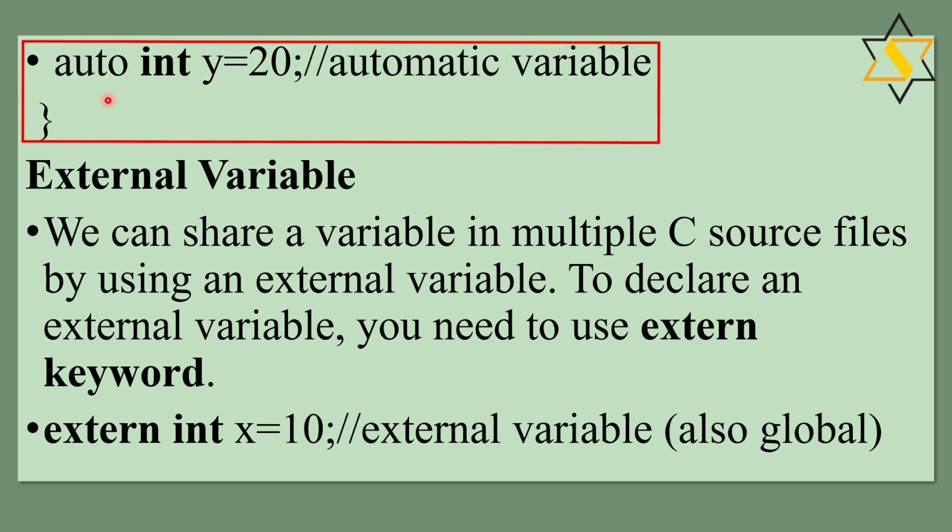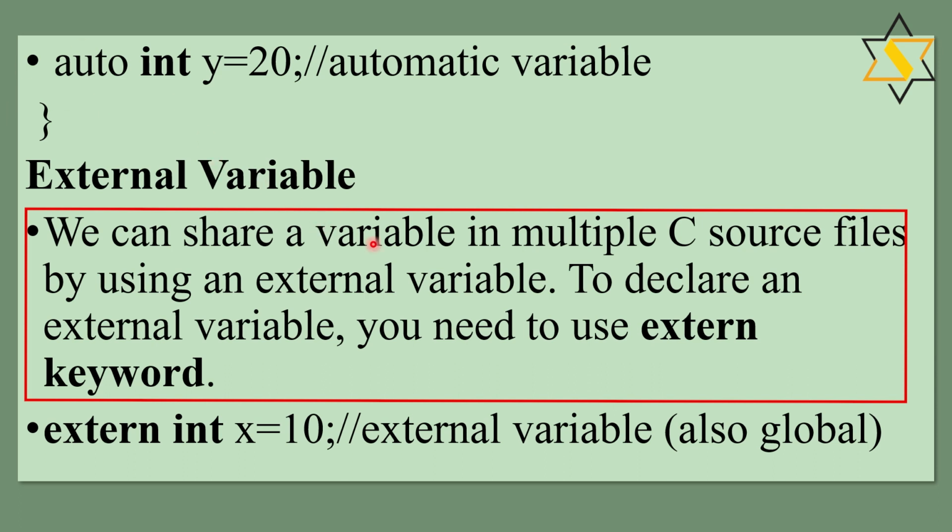And auto by default is a local variable. So if you want to define a variable as auto, you use the keyword auto, and then with auto you define the data type. Data type is necessary because how else can you identify what kind of variable it is? You can use any kind of data type, whether it may be int, float or char, with the keyword.